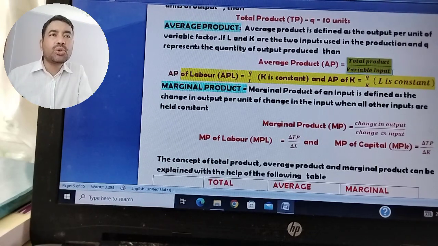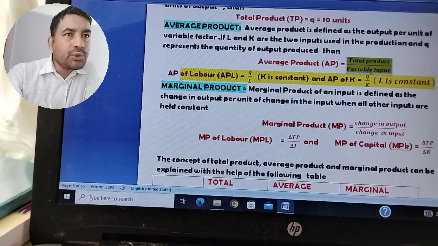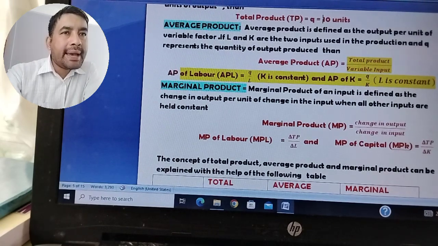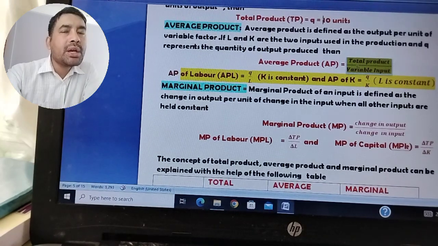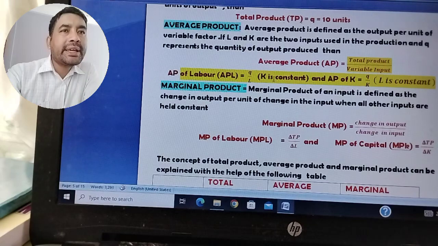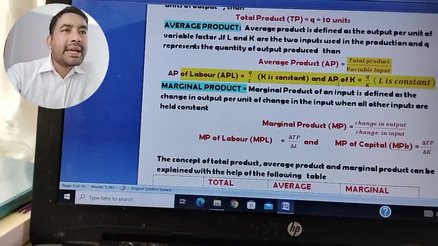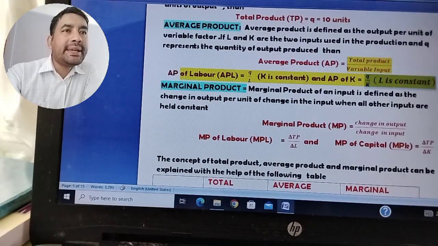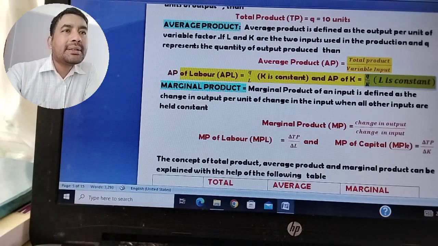So we cannot divide by the total input, we have to use the variable input. So average product in general means total product divided by variable input. But if you take the average product of labor, APL, then it will be Q by L, where K is constant. And if you take the average product of capital, it is Q by K, where L is constant.